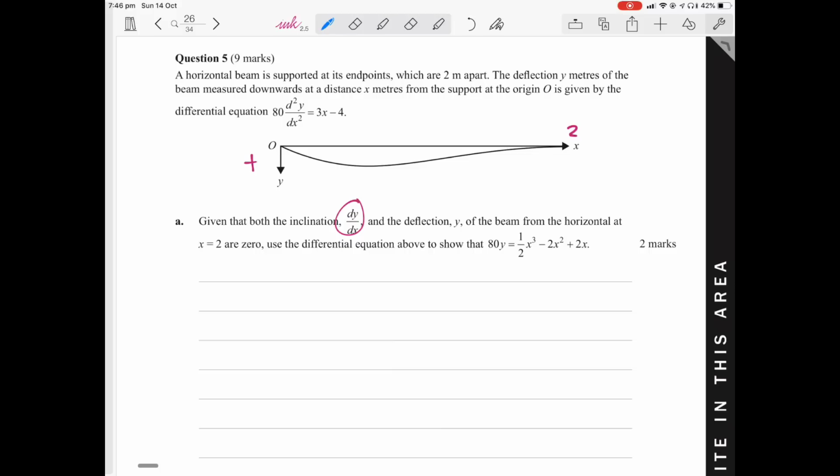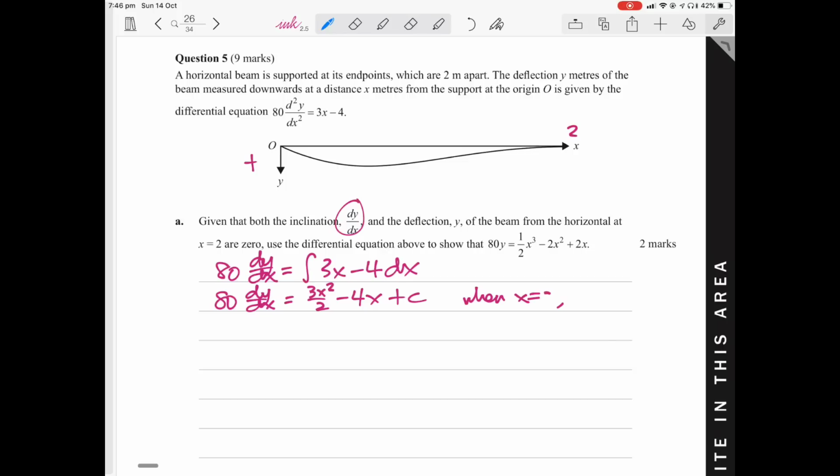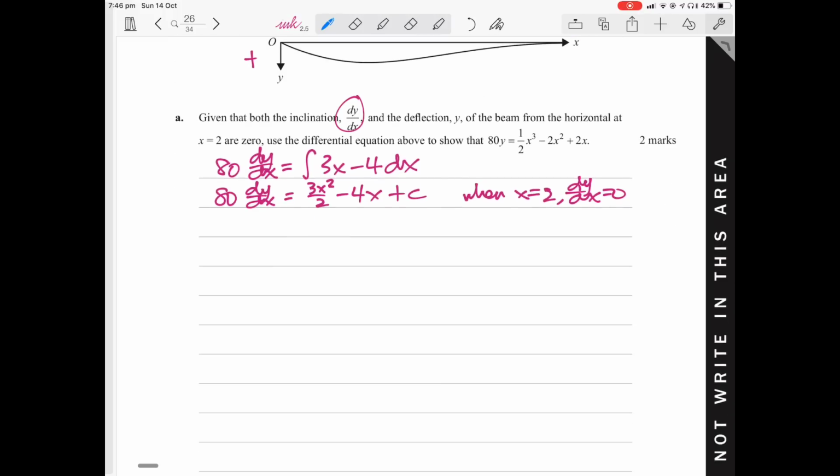Okay, so we've got EI d squared y dx squared is equal to that. So EI dy dx is going to be equal to the integral of 3x minus 4 dx. So EI dy dx is equal to 3x squared on 2 minus 4x plus c. When x equals 2, dy dx equals 0.